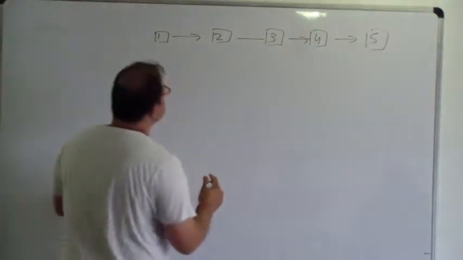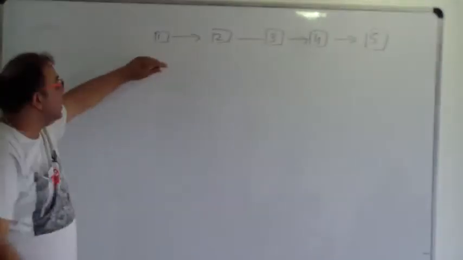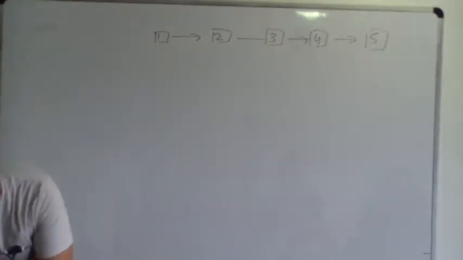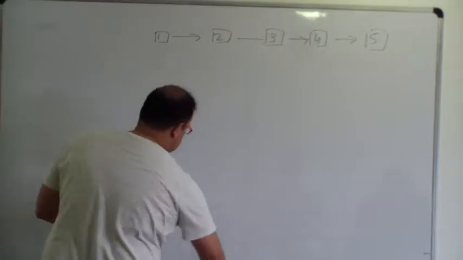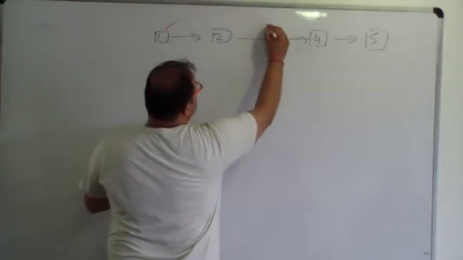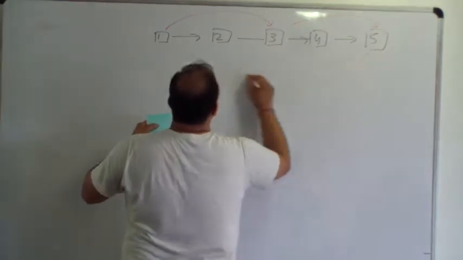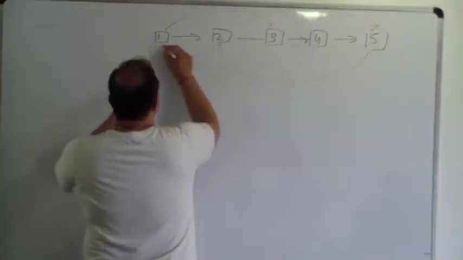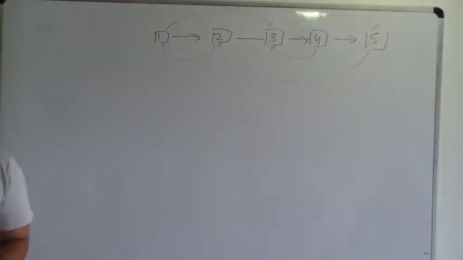I should have put more space in them. And 1 is pointing to 3, 3 is pointing to 5, 5 is pointing to 2, 2 is pointing to 1, 4 is pointing to 3. Right? That is the case.